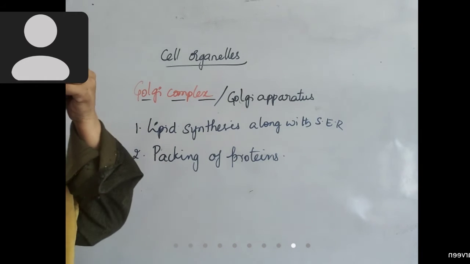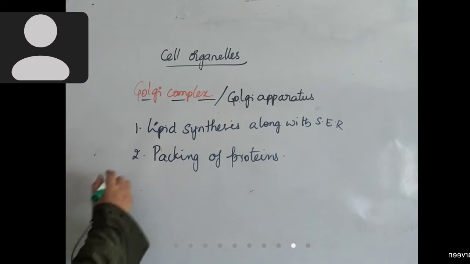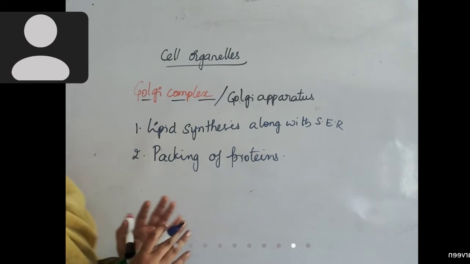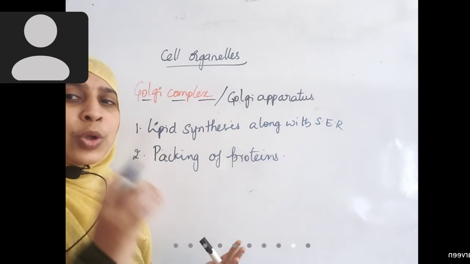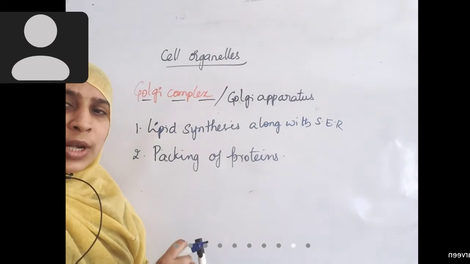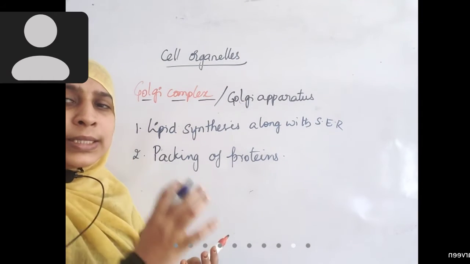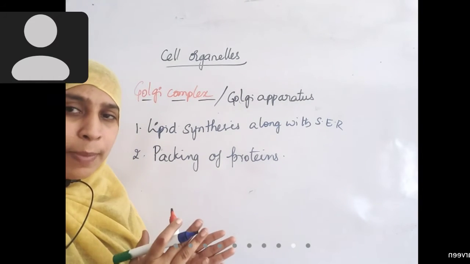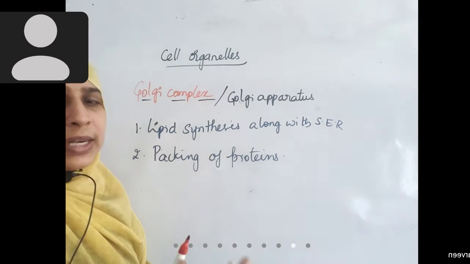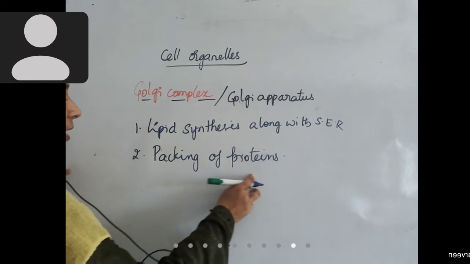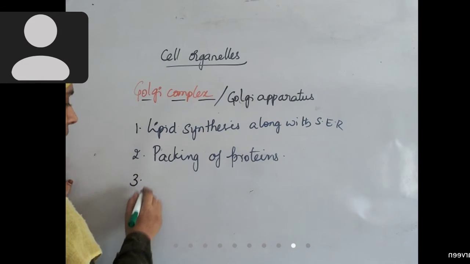After the proteins are synthesized inside the endoplasmic reticulum, through small vacuole-like structures they pass into the Golgi complex. Inside the Golgi complex, these proteins are packed. From there, they will be carried further. So here it is useful for packing.